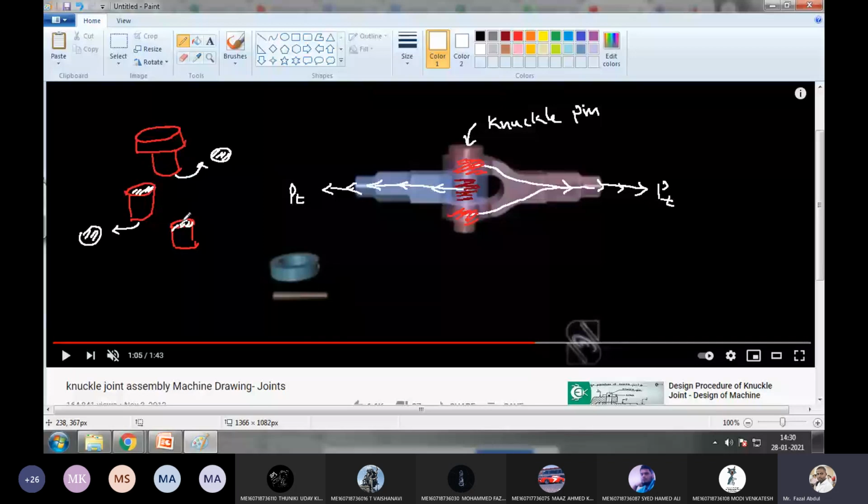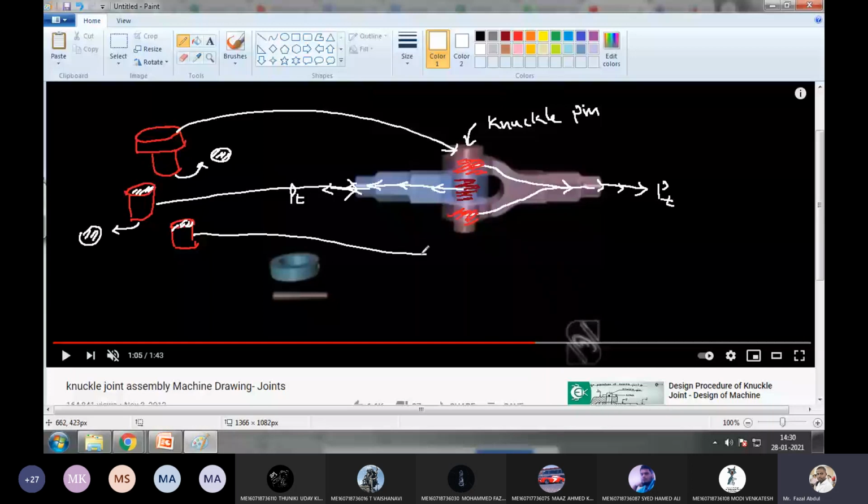Okay, so in this manner, this portion is carried out along this end, this one is going to be carried outside along this end, and this lower portion is carried along with this one, if the pin is not stronger than these rods.